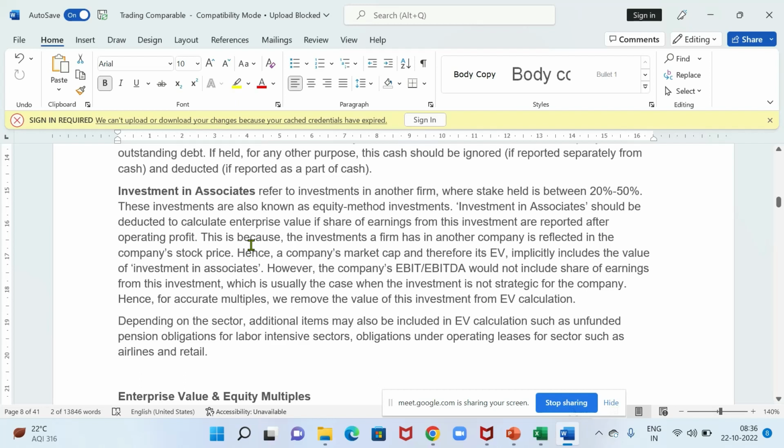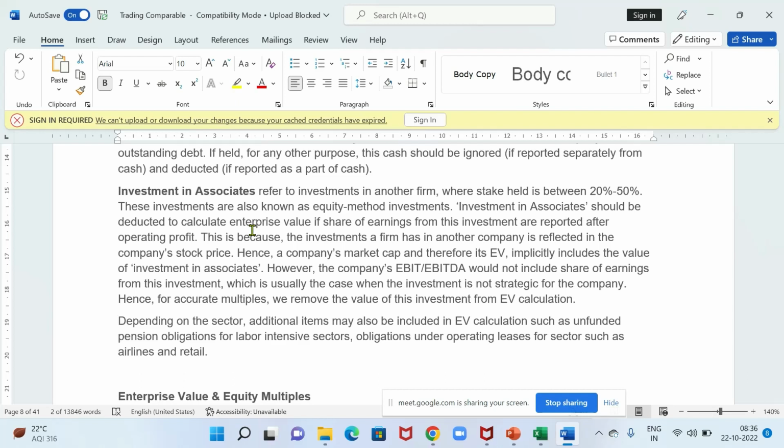Now coming to investment in associates. Investment in associates refers to a minority investment, or a stake that a company has acquired. Probably could be strategic, could be purely an investment in any other companies, purely for making profit.